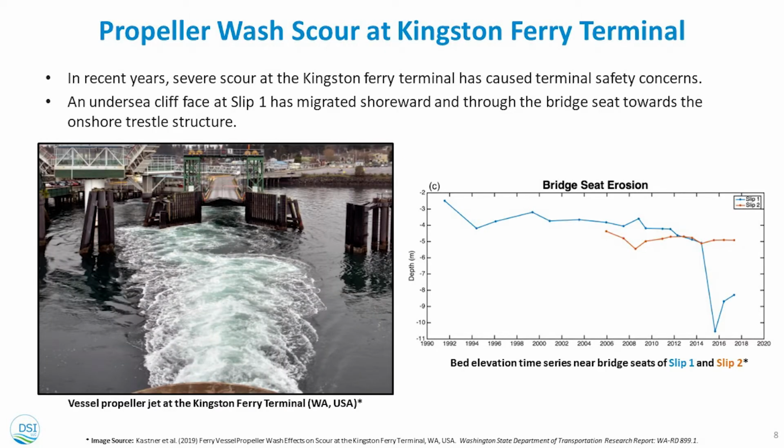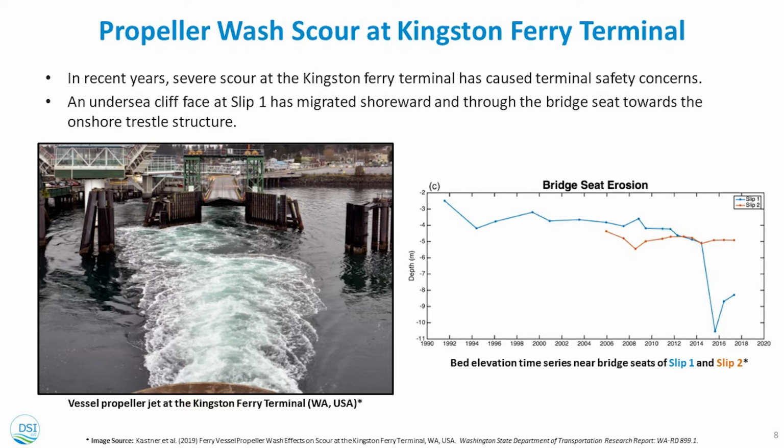The application we will be talking about today is the Kingston ferry terminal. Slip number 1 has a historic problem associated with scour from the propeller action as the ship both arrives and departs from the ferry terminal.